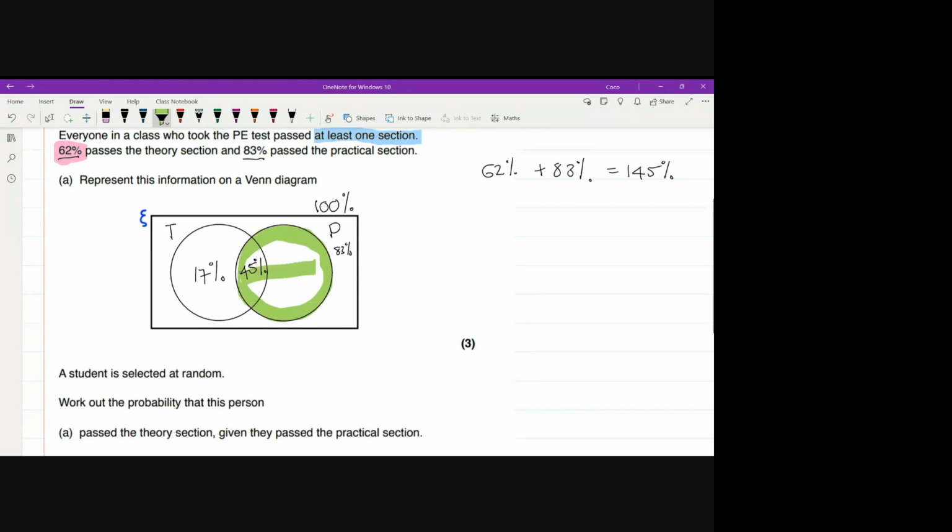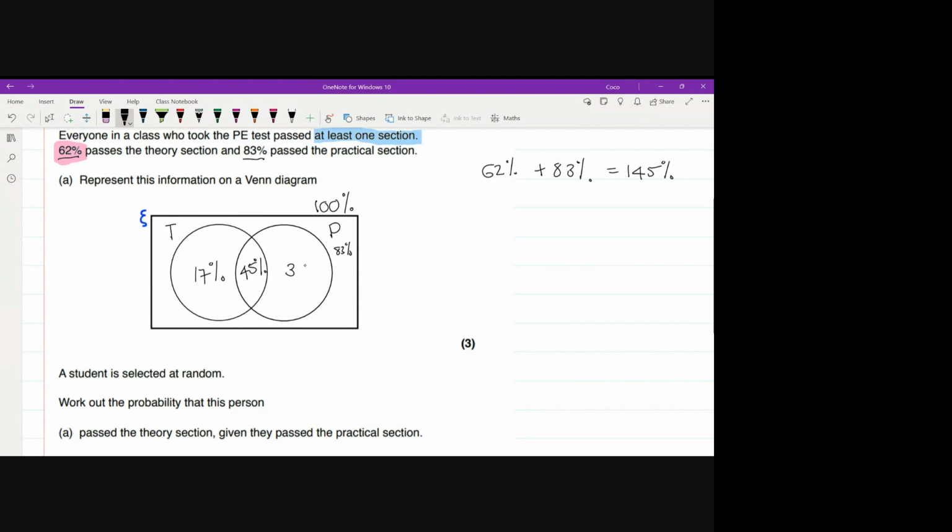So in order for us to find the kids who passed practical only, we would have to take 83 minus 45. How much does that give us? 38. There we go.